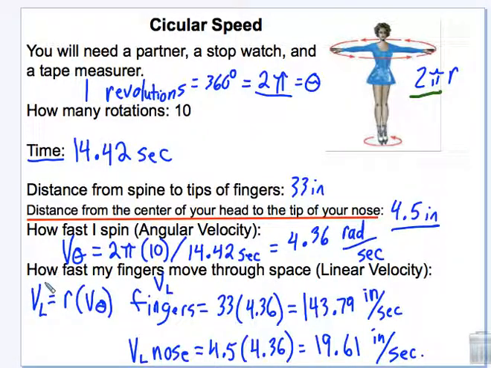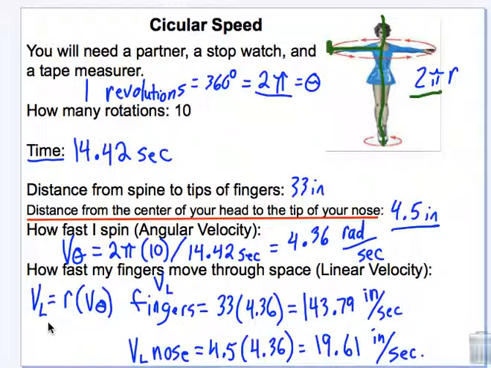And then to find the linear velocity of the tips of my fingers, now realize the tips of my fingers are way out here, and everything on my body is rotating along my spine, or just the center of my body. So the radius from the center of my body to my fingertips, that's what we'll use to find the linear velocity of my fingertips, or how fast my fingertips were moving through space when I was rotating.